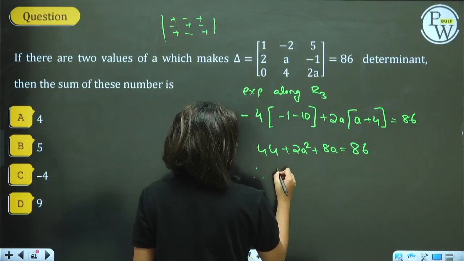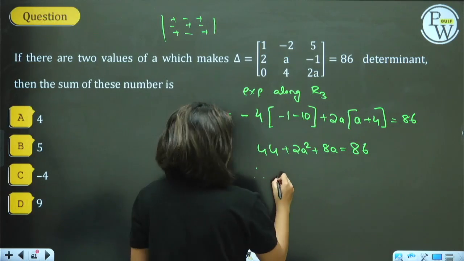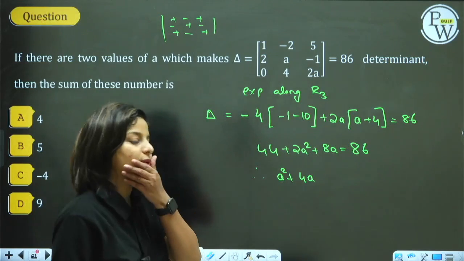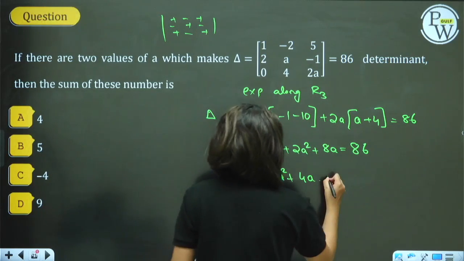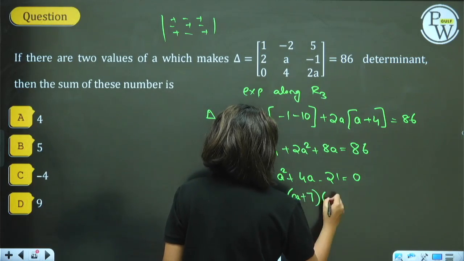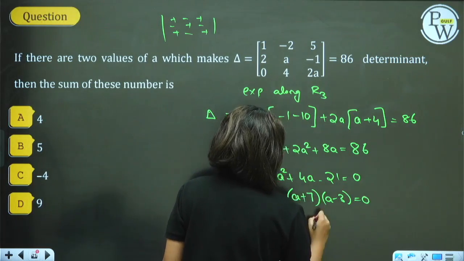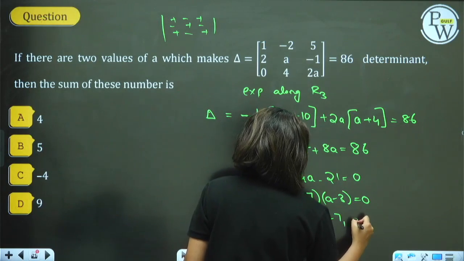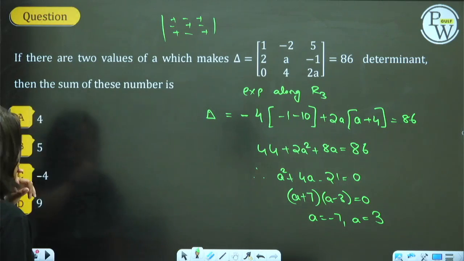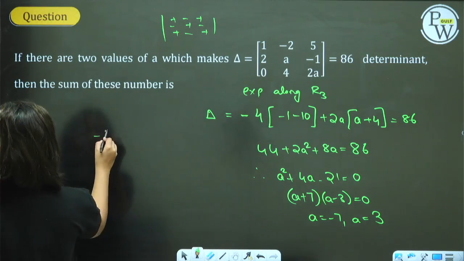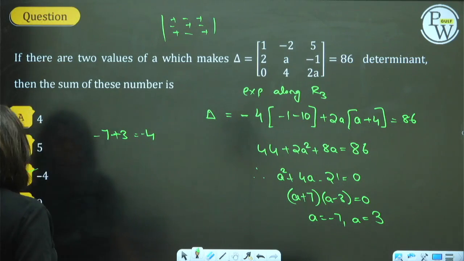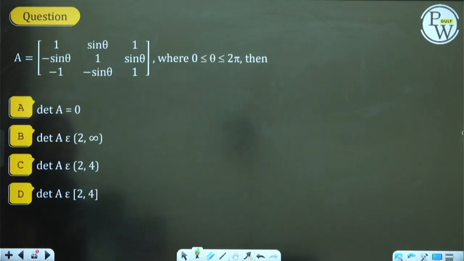You must have found out, dividing by 2 throughout: a square plus 4a, 86 minus 44 will be 42 by 2, minus 21 equal to 0. 7 3s are 21, plus 7 minus 3 equal to 0. a equal to minus 7 or a equal to 3. We need the sum of these two numbers, that is minus 7 plus 3 will be equal to minus 4, option C. Option C was the answer.